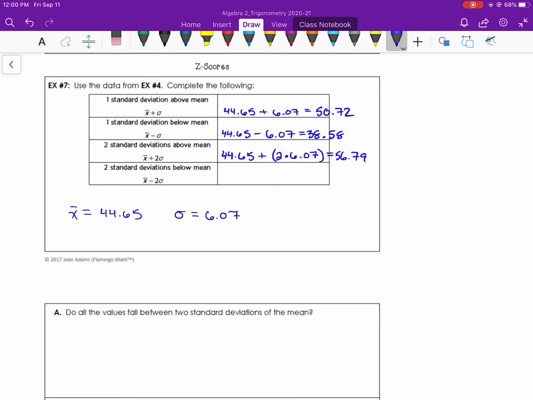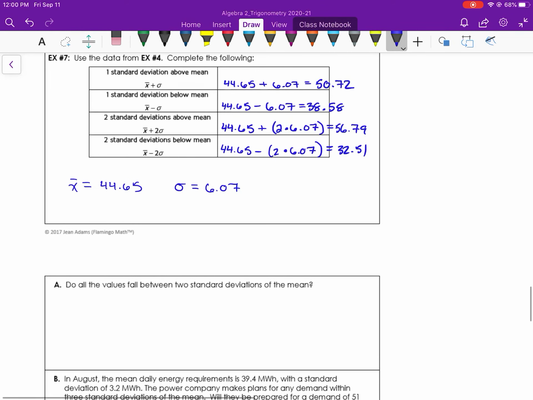Then we go 2 standard deviations below the mean, so minus 2 times 6.07, and that gives us 32.51.